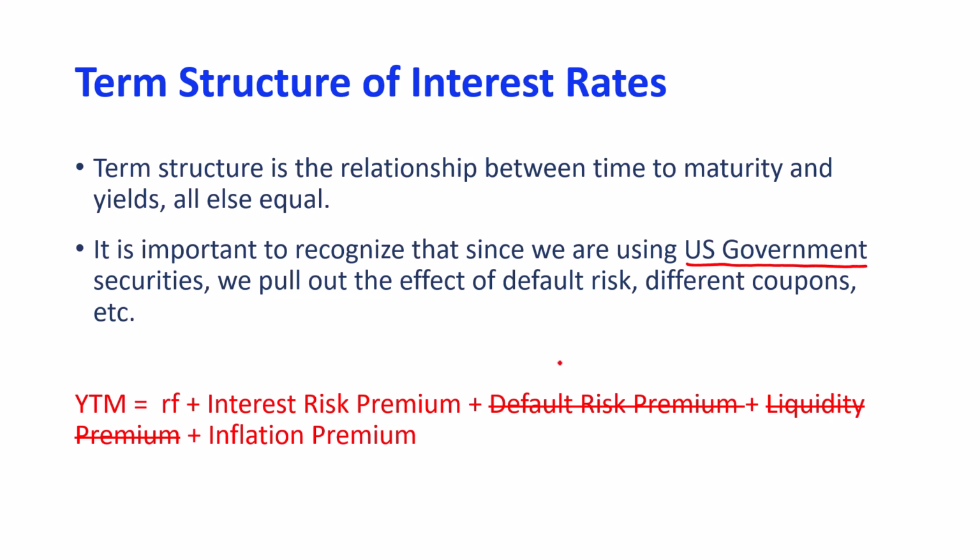Because when you do that, you're going to take out the effect of default, because we assume that US government bonds are default free or risk free. And then also we're going to take out the effect of liquidity, right? So we're simply going to find the relationship between the time to maturity and the yields, all else equal.